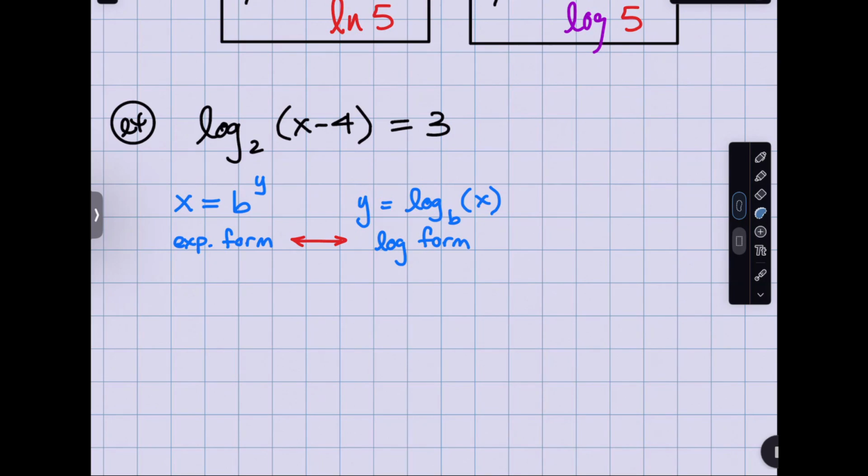That's the right answer. If you're confident in your converting to exponent form or log form, then your answer is going to be right. The question is, should I check the answer or not? And why would I check the answer or not? No. No.